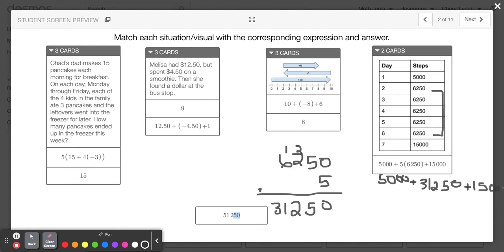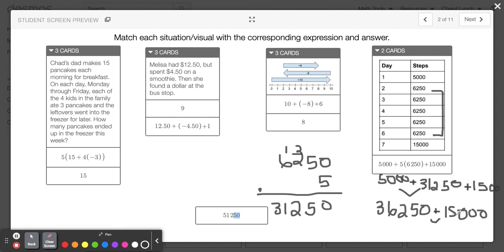1,500. Okay, so let's add this together. So 5,000 plus 31,250 would give me, let's see, 36,250 plus 1,500.